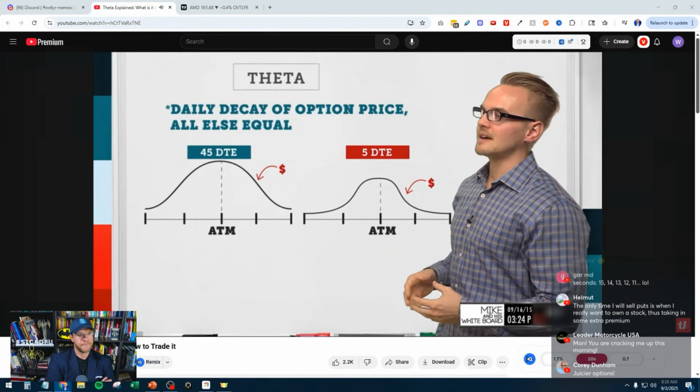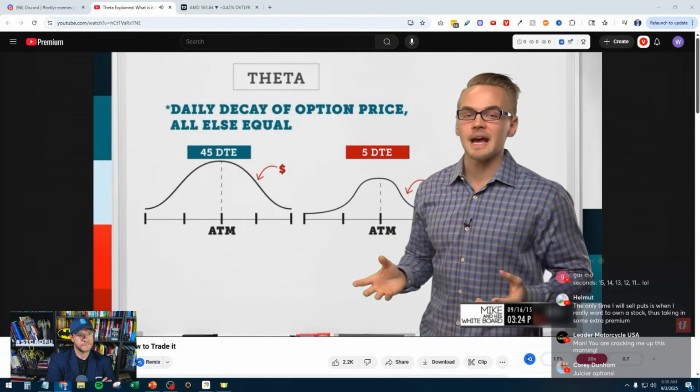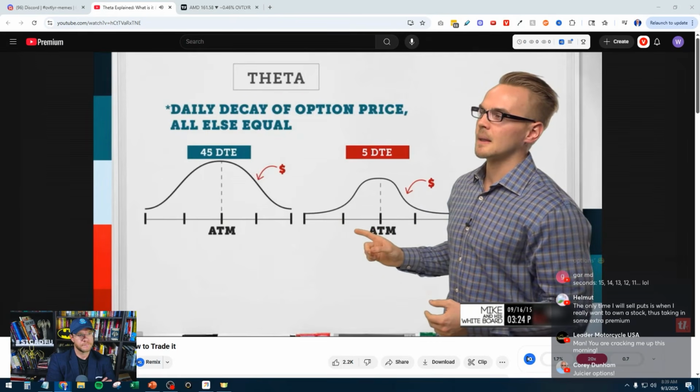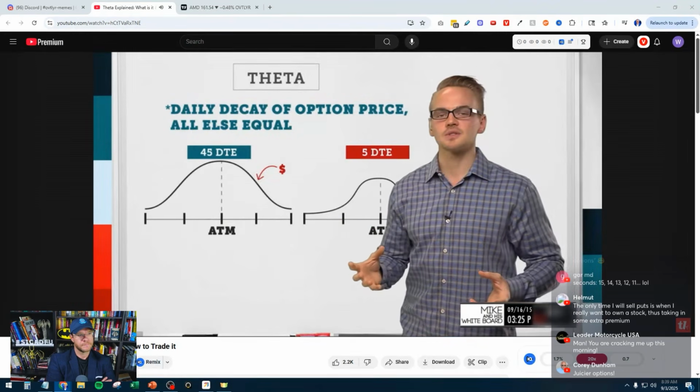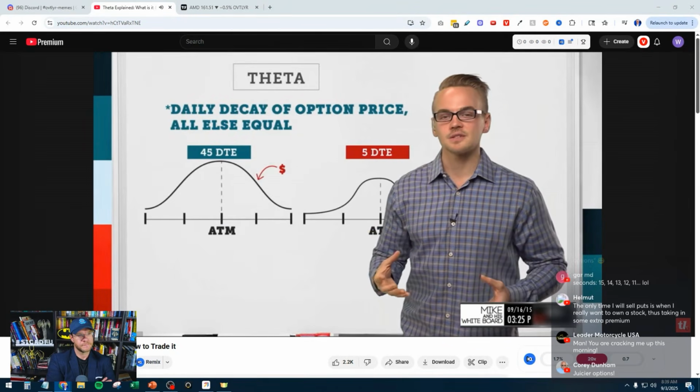So when we have 5 days till expiration, the most value is still going to be at the money, but since we've already trailed off on the outskirts, theta decay is going to slow, and when we're at the money, theta decay is going to increase.